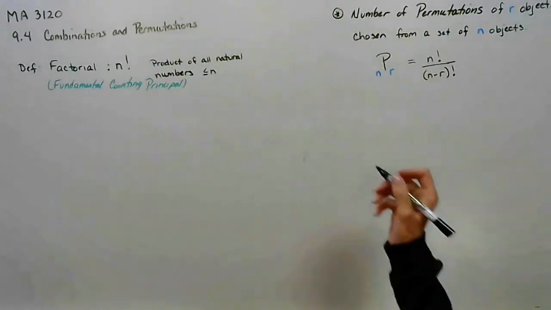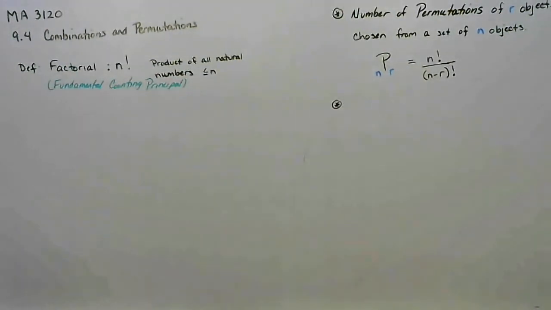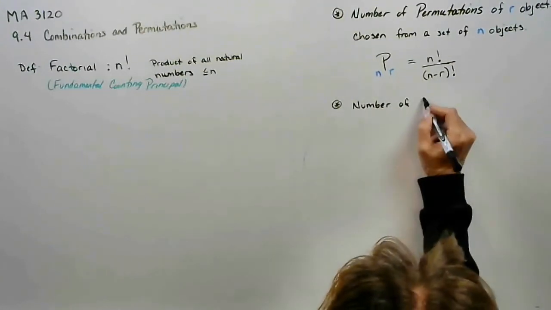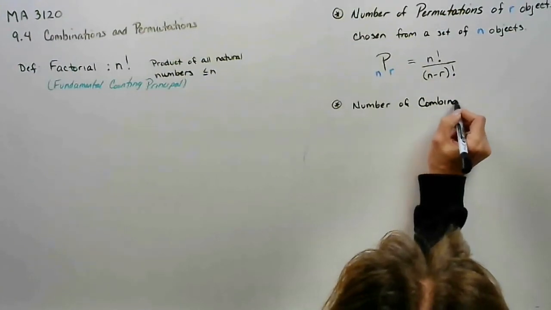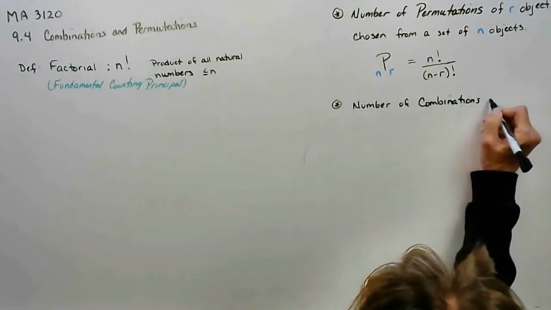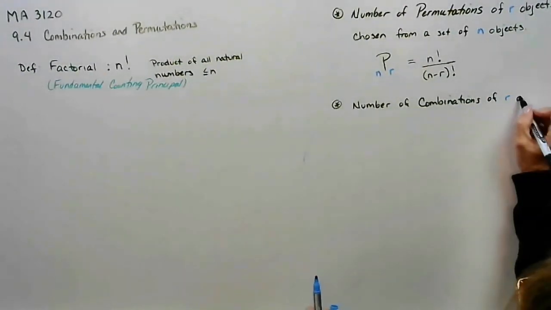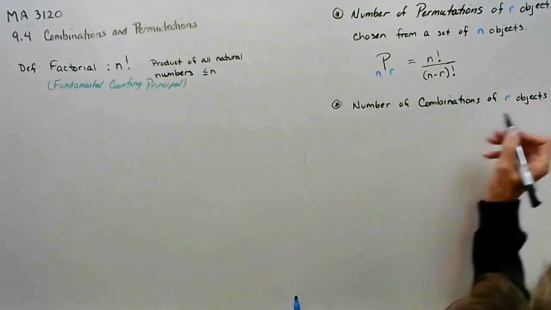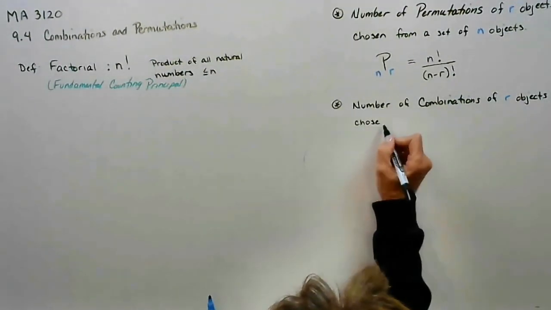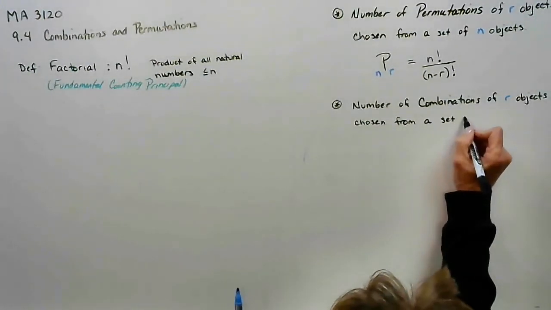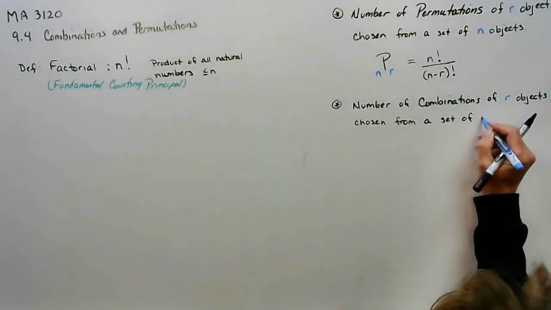All right, so the number of combinations of r objects chosen from a set containing n objects.